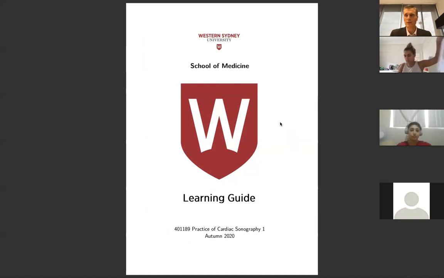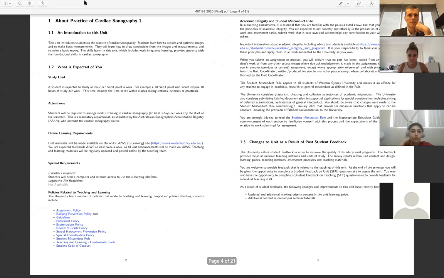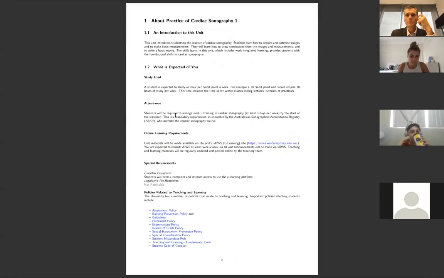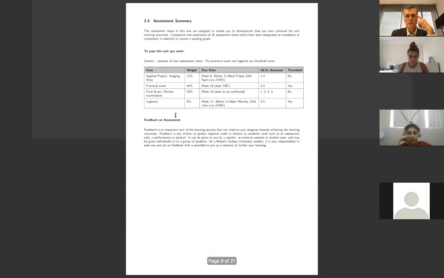Okay, the Practice of Cardiac Sonography learning guide. In the Practice of Cardiac Sonography 1, there are 4 assessment items, okay? They are an applied project, a practical exam, a written exam, and a logbook.